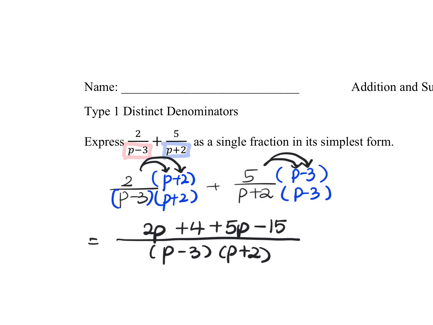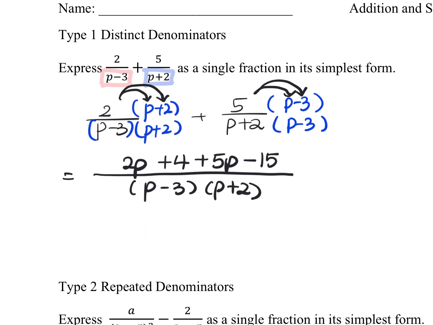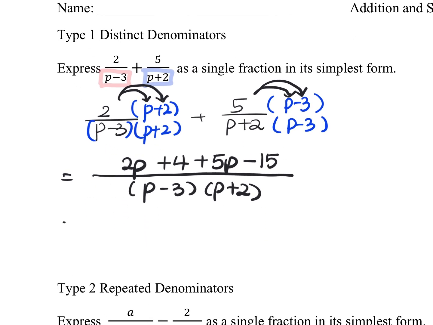But until this step, there wouldn't be much marks yet because we need to simplify our fraction. So simplifying the numerator, we have 2p plus 5p to give me 7p. And we have 4 minus 15, so that will give me negative 11.